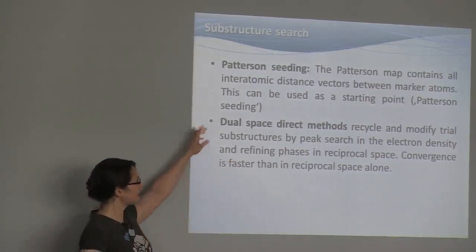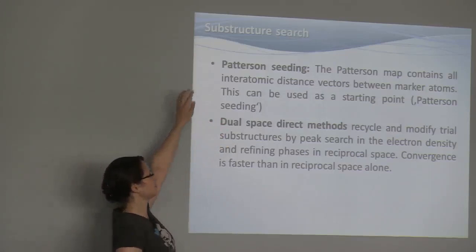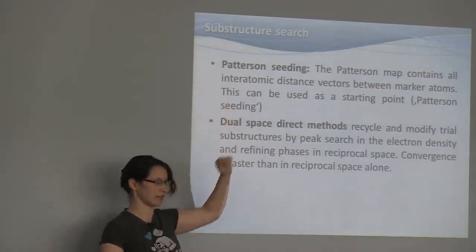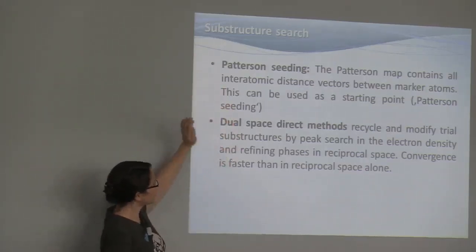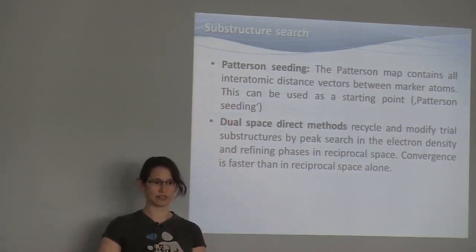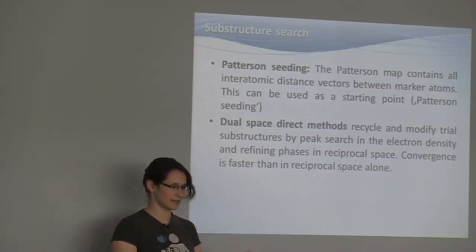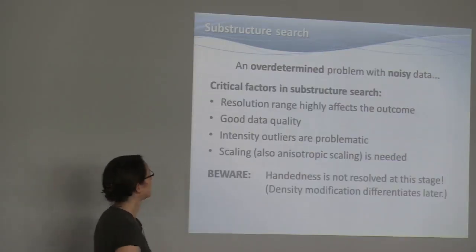But I want you to be familiar with these 2 terms. Patterson seeding means we start with information from the Patterson map, about which I will talk next week. And dual-space direct methods are direct methods that work in both reciprocal and real space and exploit the fact that phases of different reflections are connected.